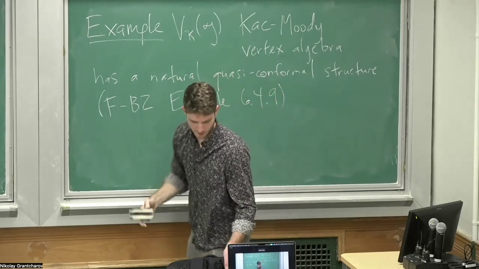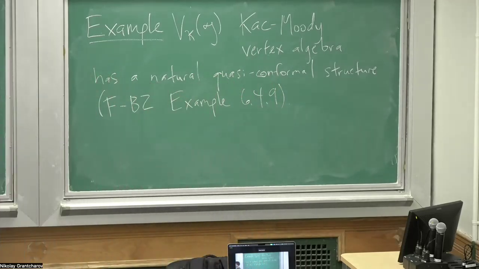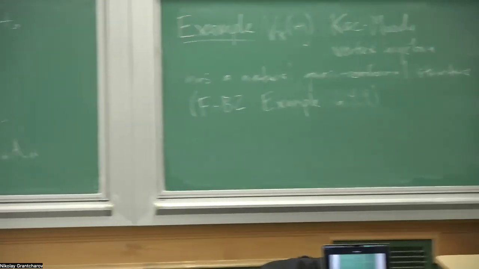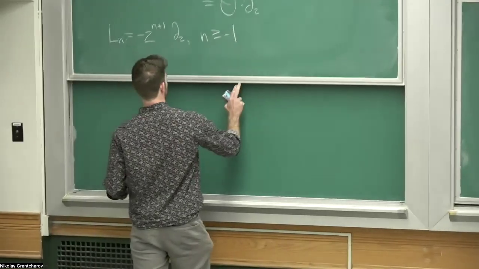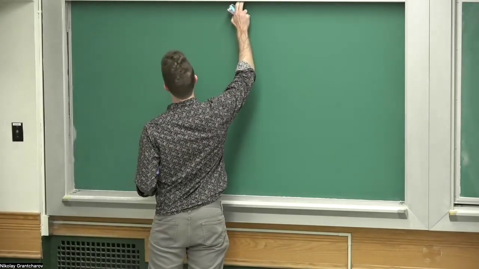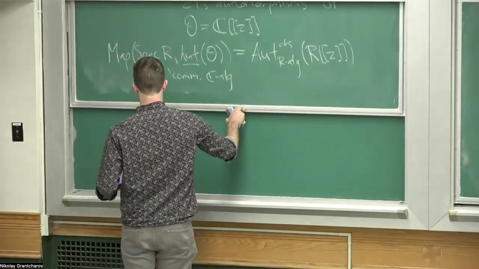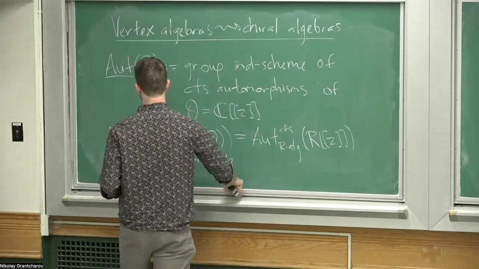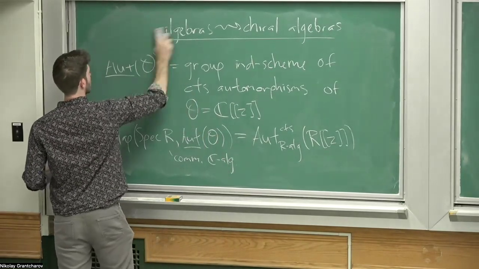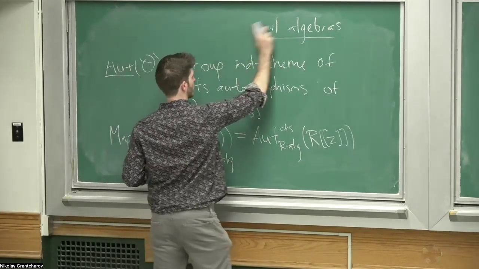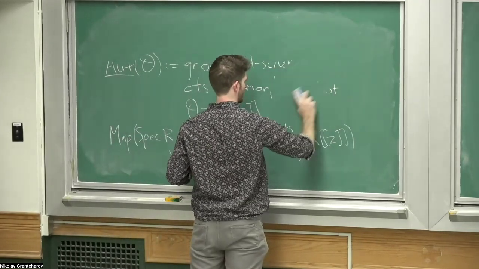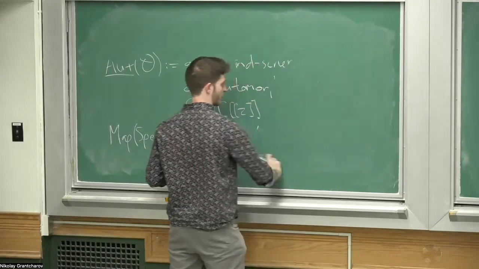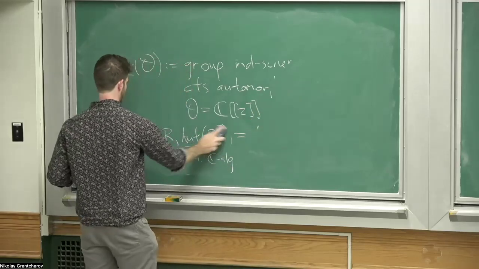Okay, so let's move on to the construction of chiral algebras from quasi-conformal vertex algebras. The point of this quasi-conformal business is that you are equivariant for the action of automorphisms of the formal disk.